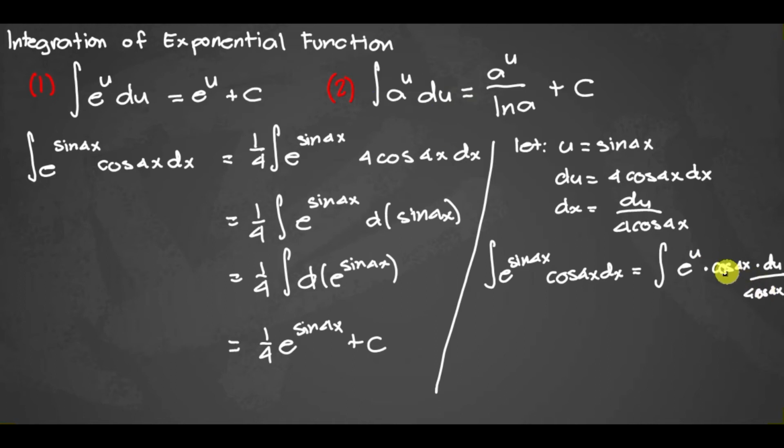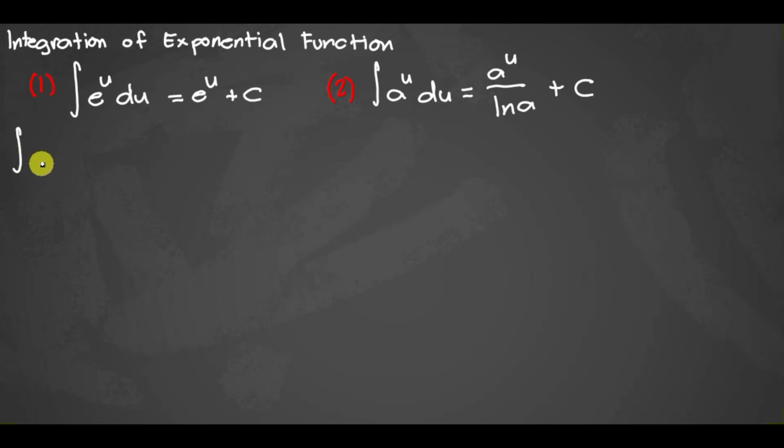Now we can cancel out the cosine 4x here. Then the remaining integral is equal to 1/4 of the integral of e raised to u du. Applying our first integration formula of the exponential function, we have e raised to u, where our u is sine 4x, plus c.